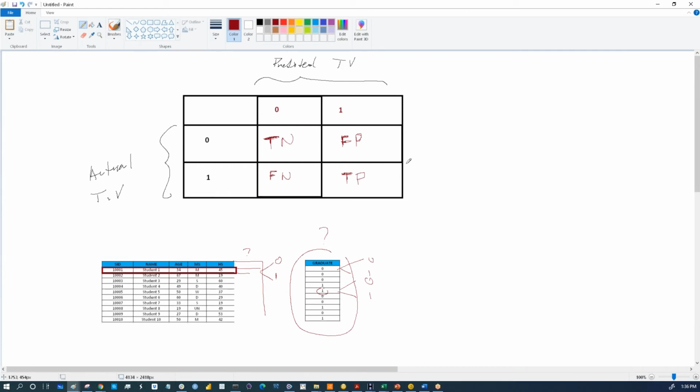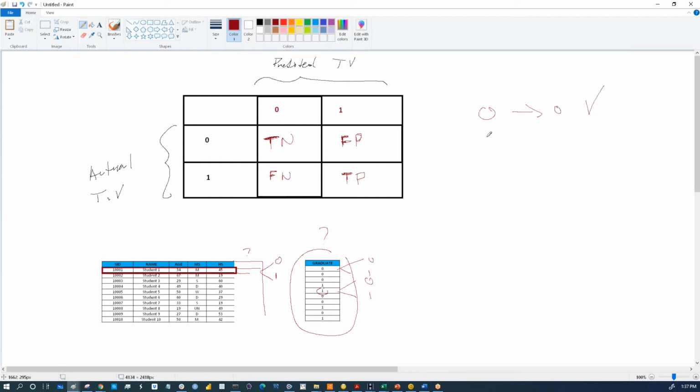Out of these 4, which ones are good predictions if they happen? True negative and true positive are good predictions. If it's a 0 and the model predicted 0, it's good.